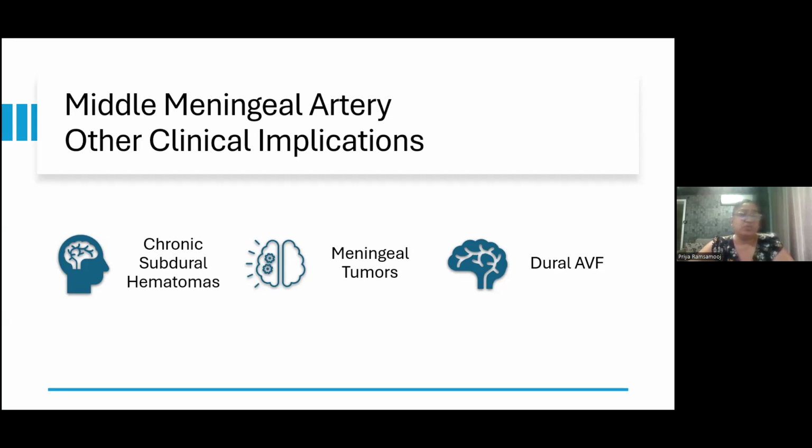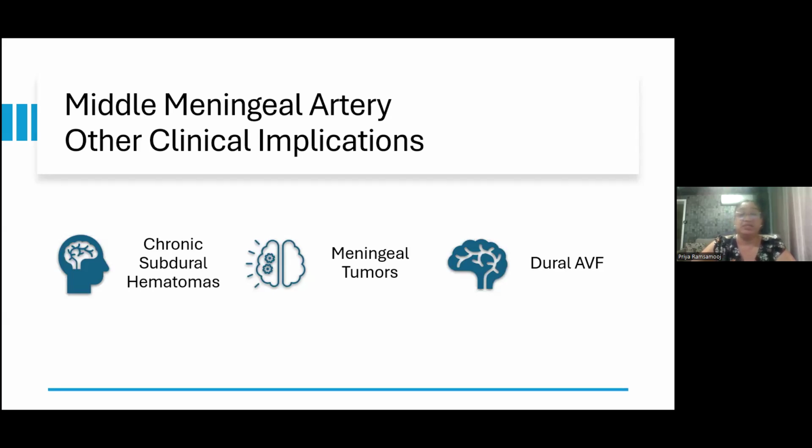So after that, investigators and researchers have gone on to check this out and ask, is there something that we can do? Because remember, we already said that the middle meningeal artery is a principal blood supply of the bleeding membranes. So occluding it, in essence, allows the collection to be reabsorbed.